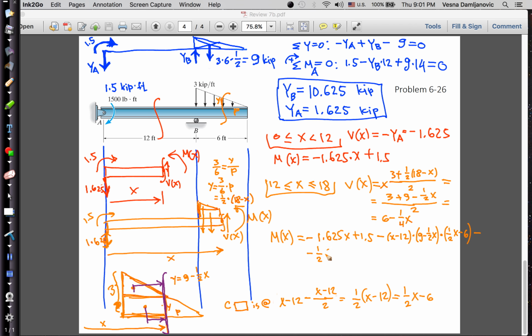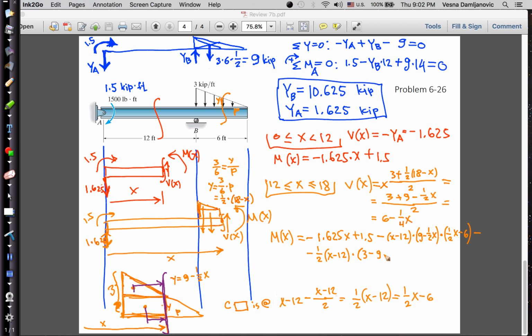So 1/2 times the length, which is the same as for this guy, x minus 12, then times the height, which is 3 minus y, and we said y is this.